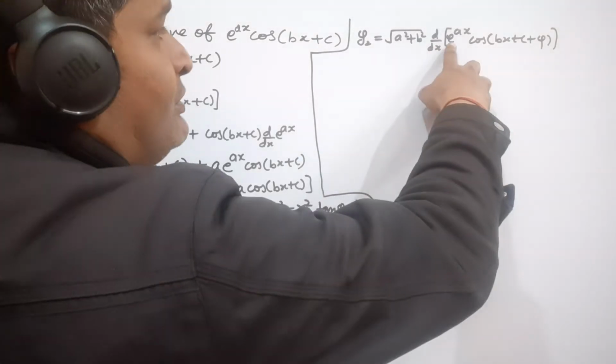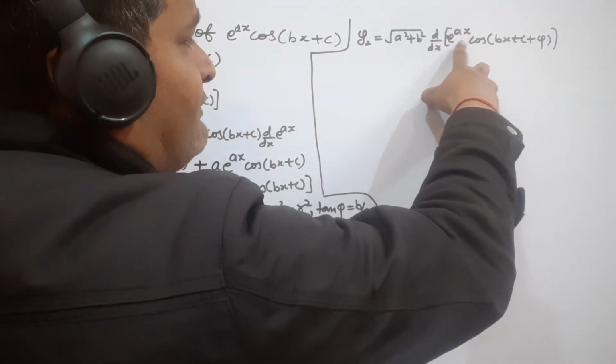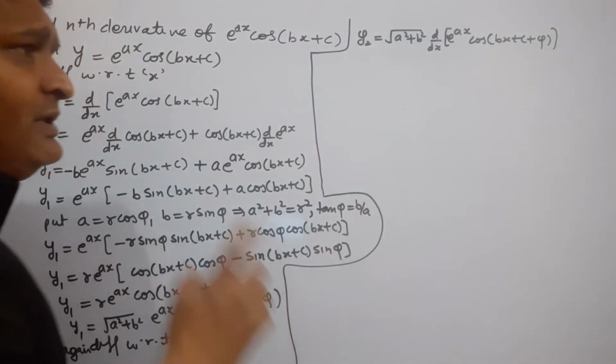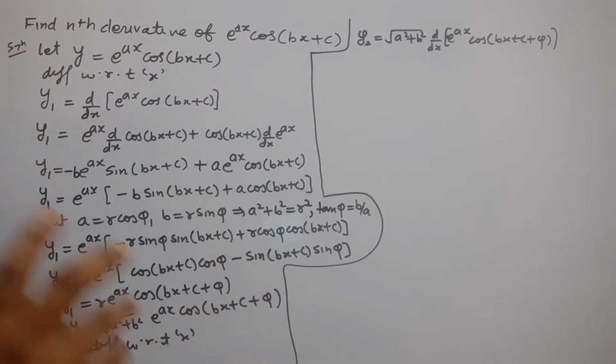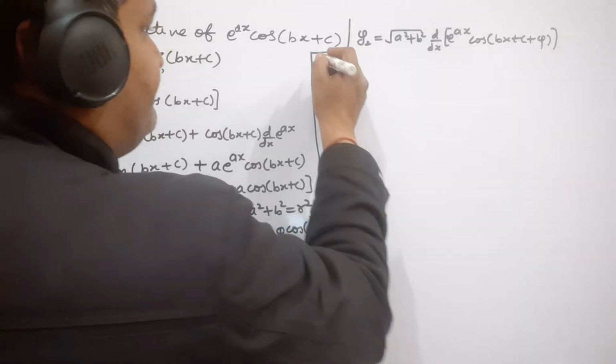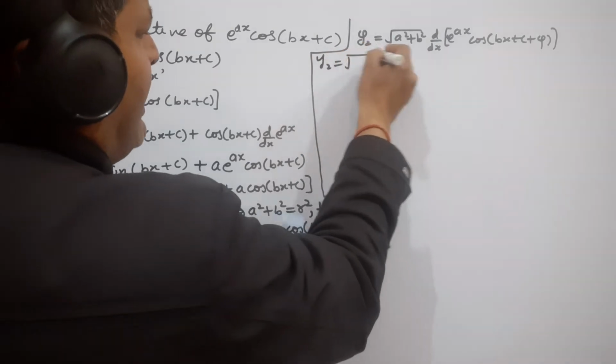This is the multiplication of two functions, one is an exponential function, the other is a cosine function. So we use the formula for differentiation of the multiplication of two functions.